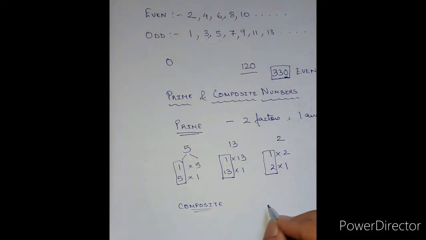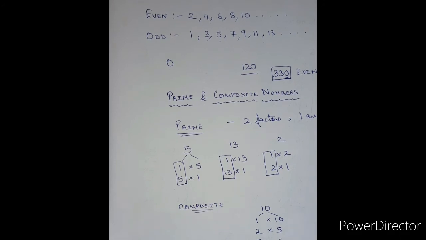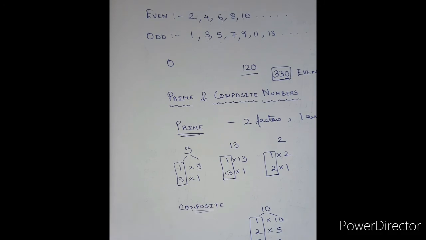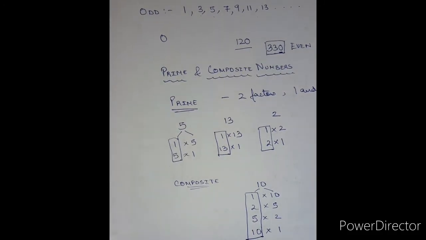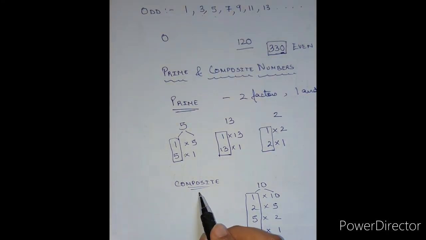Then if we take the example 10: 1 tens, 2 fives, 5 twos and 10 ones. This one has four factors. 10 has four factors, so 10 becomes a composite number.